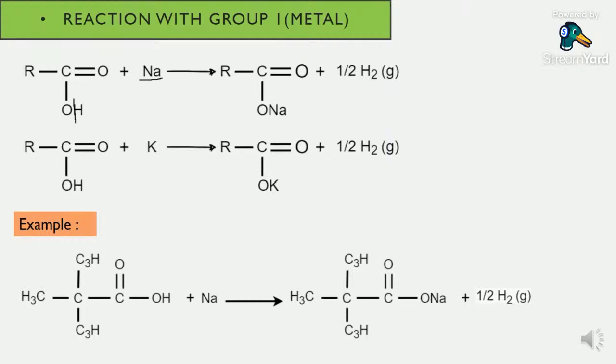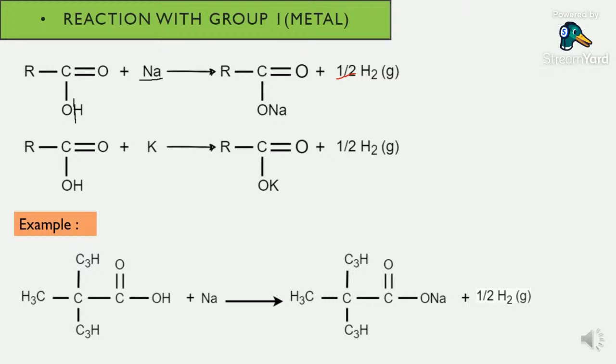So carboxylic acid reacting with group 1 metal, Na, will produce ONa here. So where does the H go? The H will transform into gas and become H2 gas. Because this reaction involves group 1 metal, to balance the equation, we need to put 1/2 here, so that the equation will be stable.